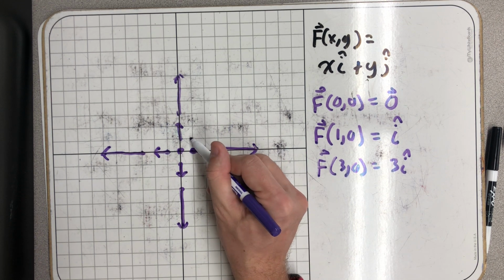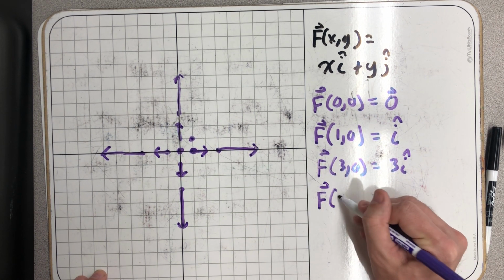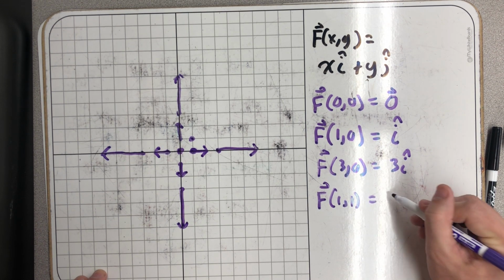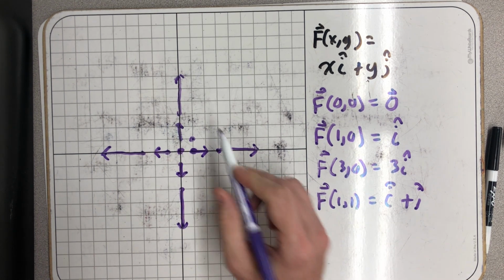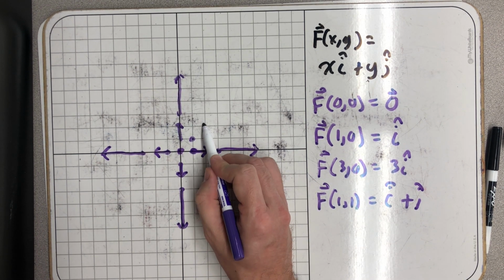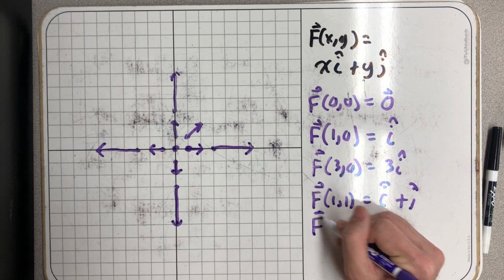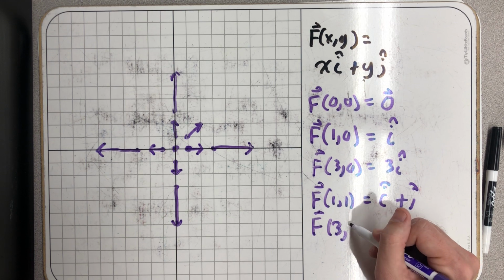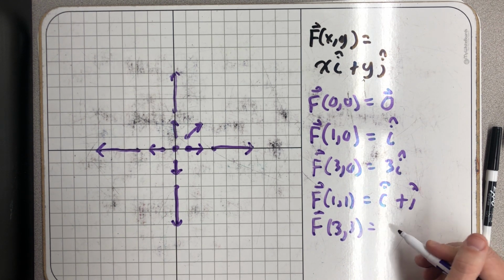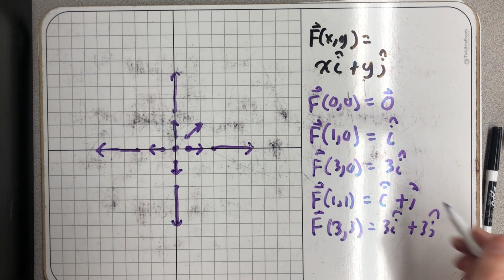Now let's take a more interesting point. Let's see what happens at the point 1, 1. At 1, 1, I get i plus j. So I imagine starting at this point, and I go 1 unit in the i direction and 1 unit in the j direction. I end up right there. If I stay on the line y equals x, I'm going to keep getting vectors that point along that line.